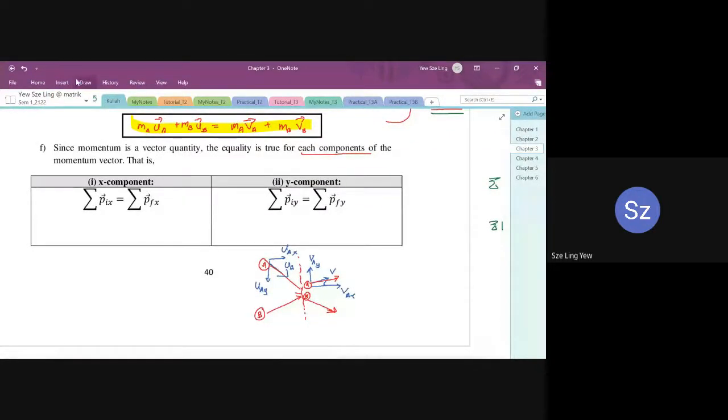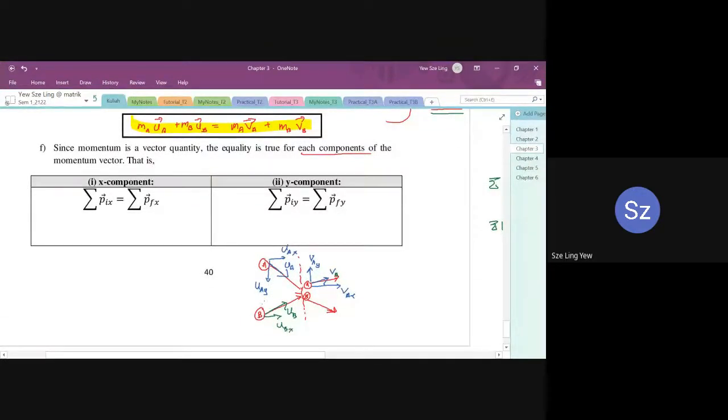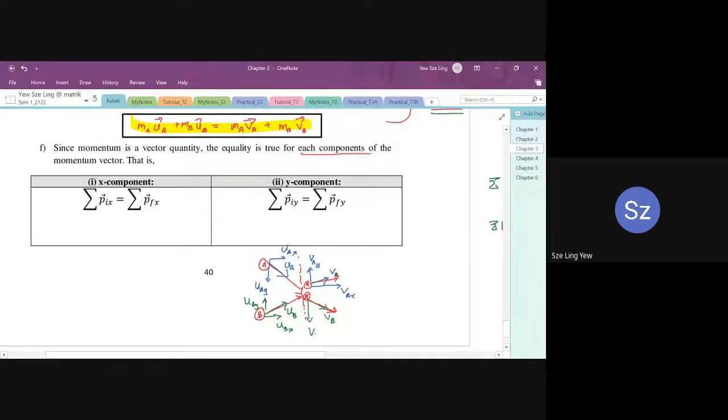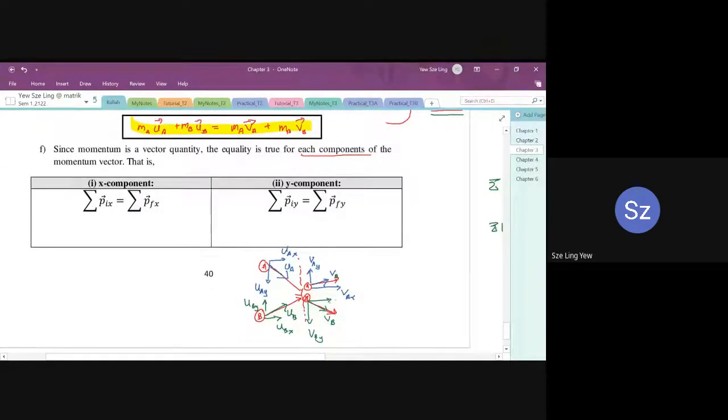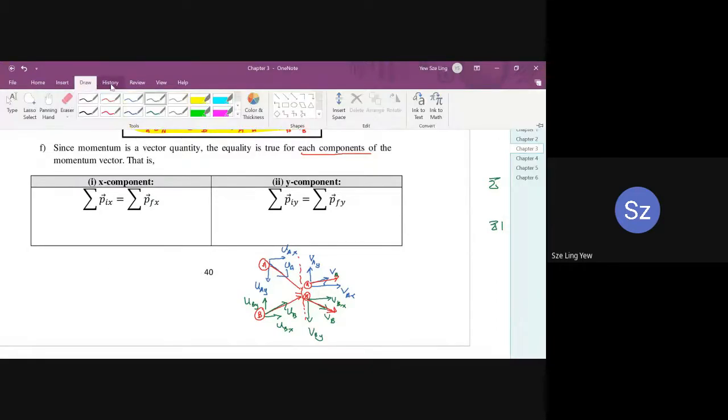For B, before collision, this is the initial velocity UB. If you resolve it, you get UBX and UBY. After collision, object B has VB, which you resolve into VBY and VBX.